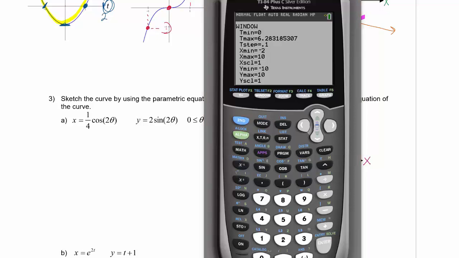I don't know, I might not need that much. And then the y's looked like they were a little bit bigger, but still not too excessive. So I'll just go something like -4 to 4. And again, you could look at your graph again and really calculate these, but I'm just going to get a little bit better of an image before I move on to the algebra.